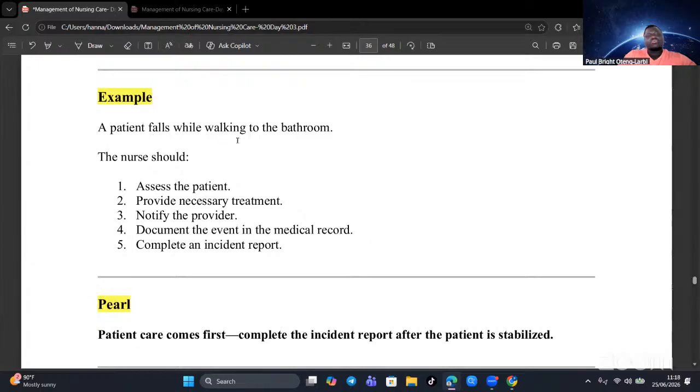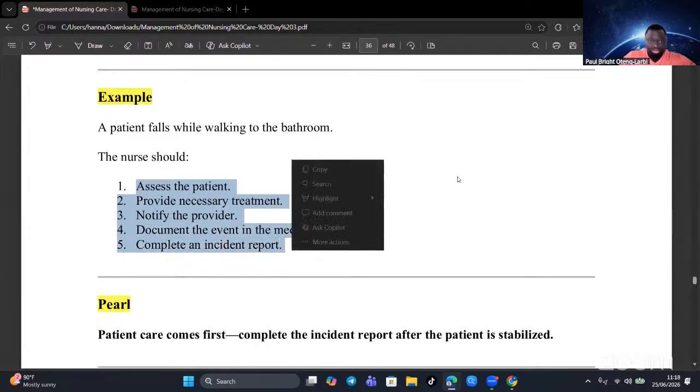The patient falls while walking to the bathroom. The nurse should assess the patient. It is the nurse's duty. Provide the necessary treatment. Notify the provider. Document the event in the medical record and complete an incident report. So this is what you should do if a patient has a fall.